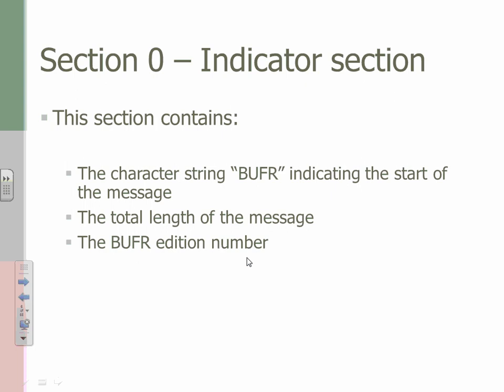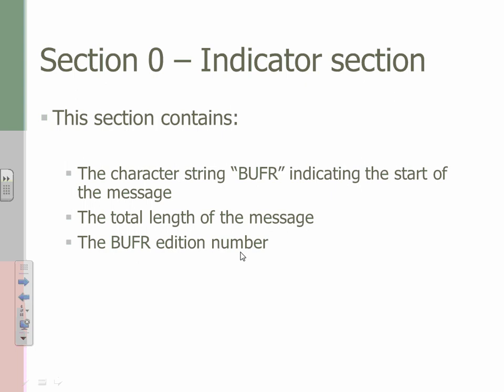I don't have an explanation of edition, but yes, there are some editions of buffer. And actually in November 2012, that's last November, we basically ended using buffer edition 3.